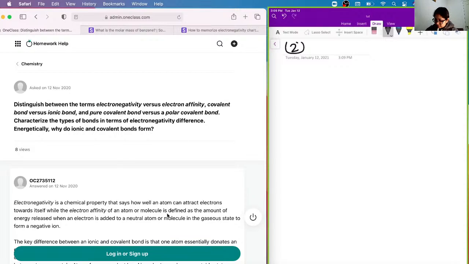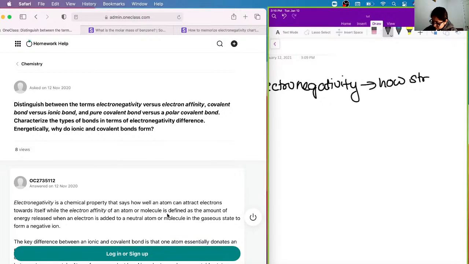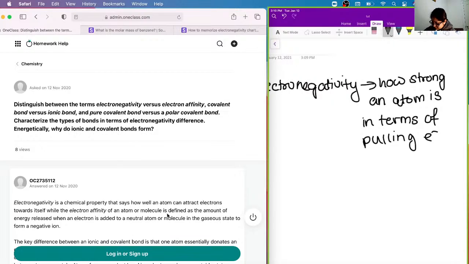So in simple terms, electronegativity means how strong an atom is in terms of pulling the electron towards itself.